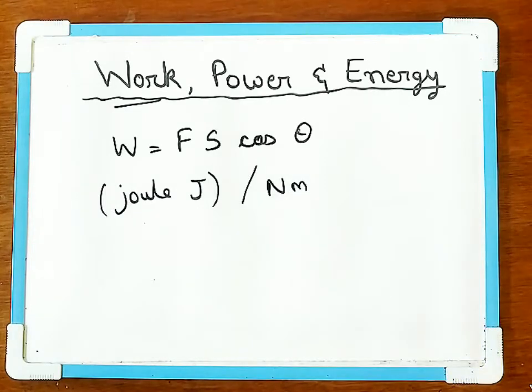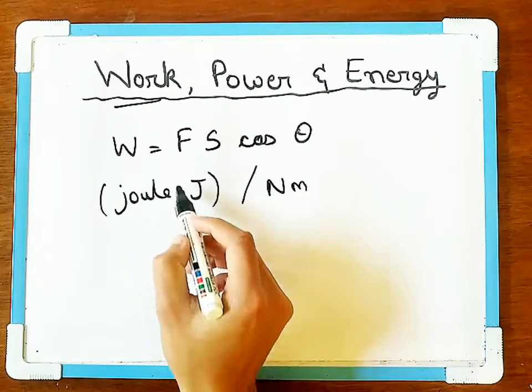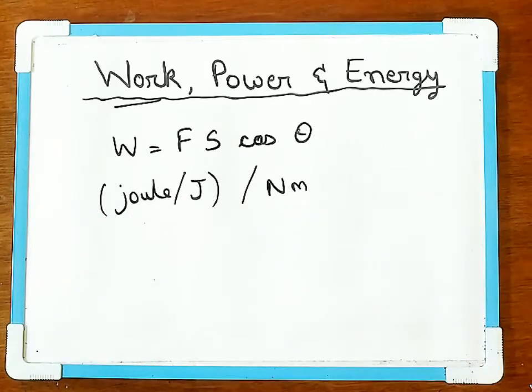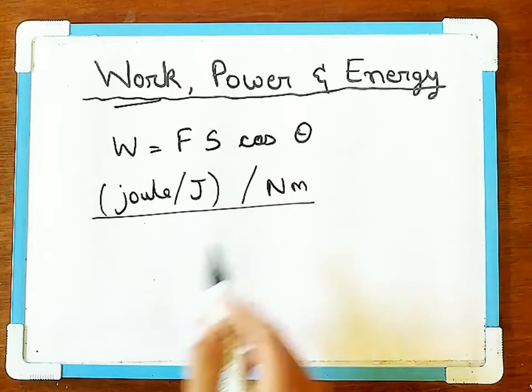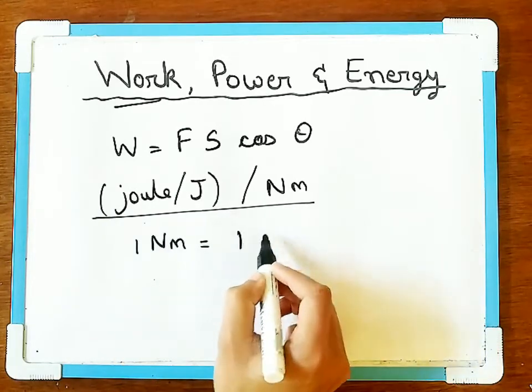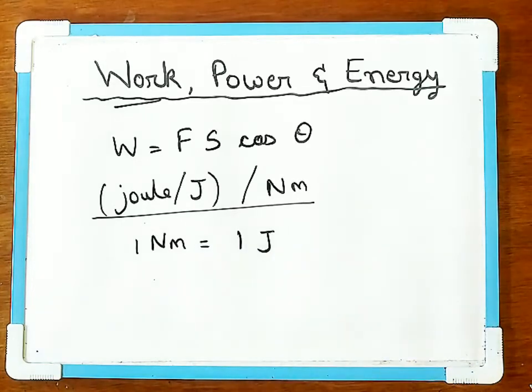So the SI unit of work done can be given in terms of joule or Newton meter. So this is the same. So we can say that 1 Newton meter is equal to 1 joule. So this is the SI unit of work done.